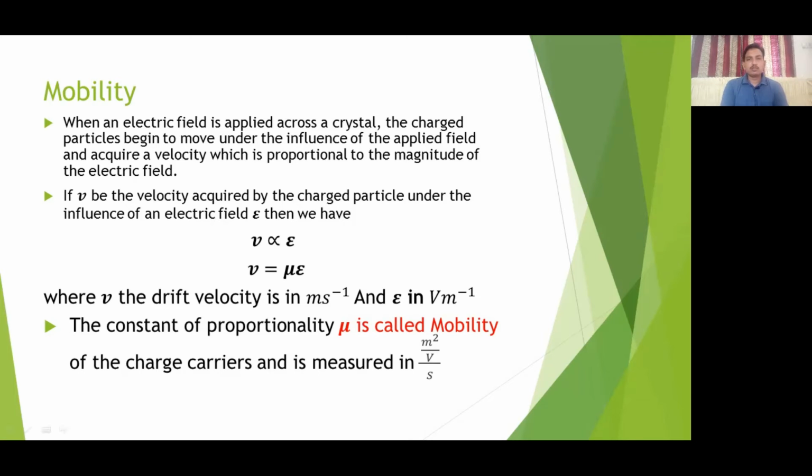This constant of proportionality is defined as the mobility of the charge carriers. If electrons are the charge carriers, it is the mobility of the electrons, and if holes are the majority carriers, then it is the mobility of the holes.